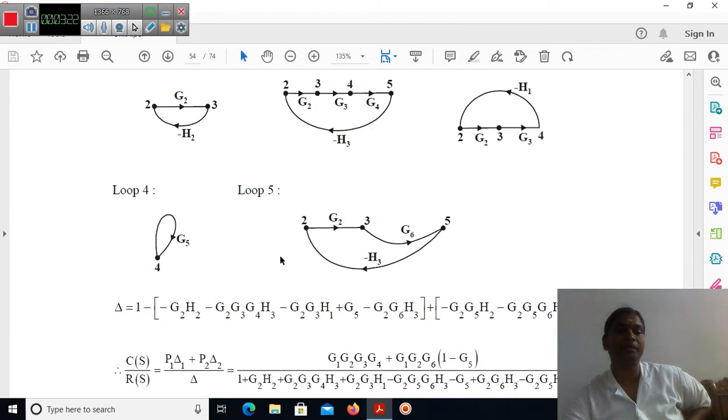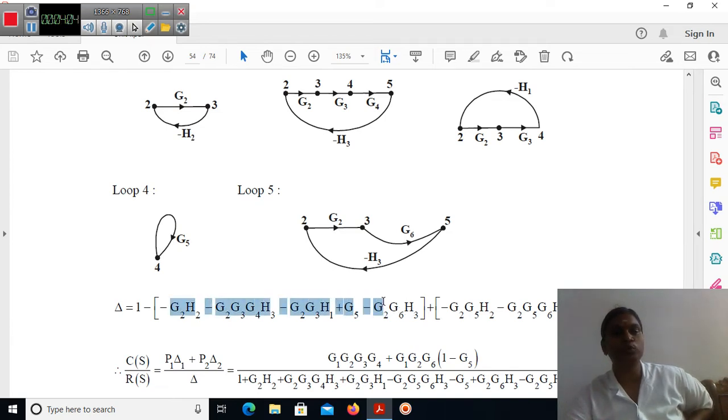Next we have to calculate the delta value. Delta is nothing but 1 minus the sum of individual loop gains, plus the sum of products of two non-touching loops. So 1 minus G2 H2, minus G2 G3 G4 H3, and next G2 G3 H1, once again G5, and loop 5 is G2 G6 H3 with a minus sign.